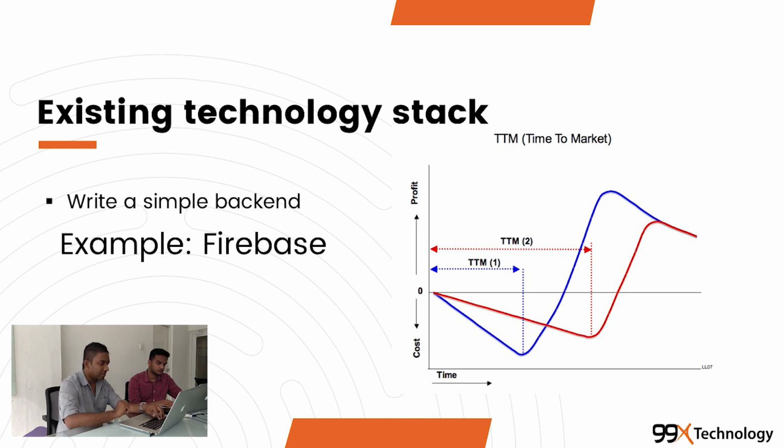With this, you can easily get up and running in the smallest possible time, which will drastically reduce your time to market. Also, this will remove the complexity of deploying your server and so on. So it will be a really easy approach to go ahead with a service like Firebase. And this graph you can see right now is a time to market graph.